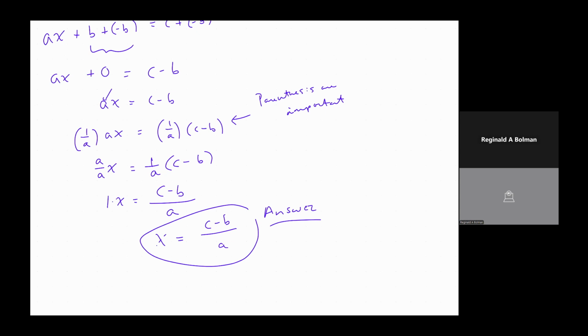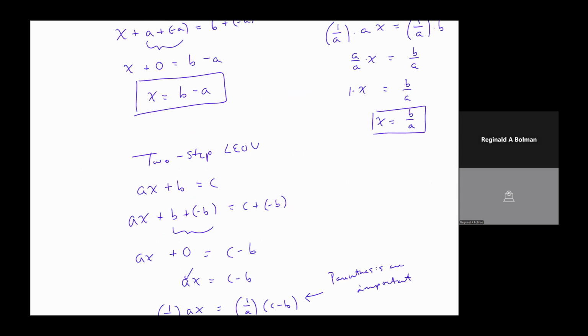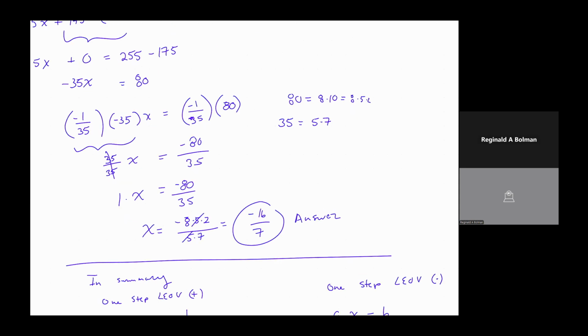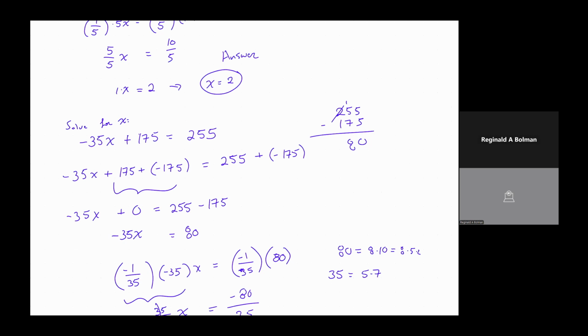Students should know that while I started this two-step LEOV process by adding the inverse of b on both sides, I could have started it by using a multiplicative inverse instead. Consider this previous example problem. Negative 35x plus 175 is equal to 355.